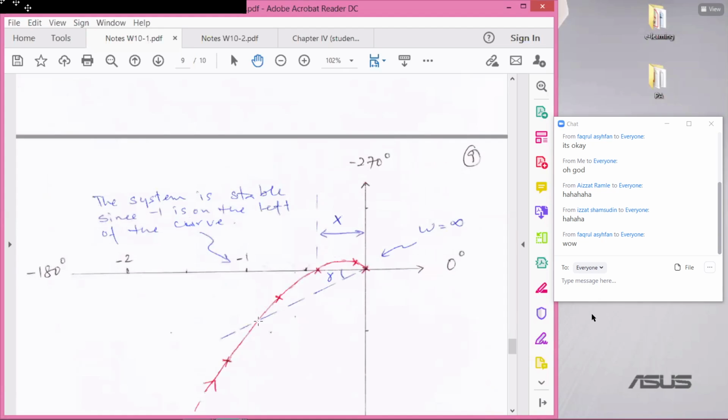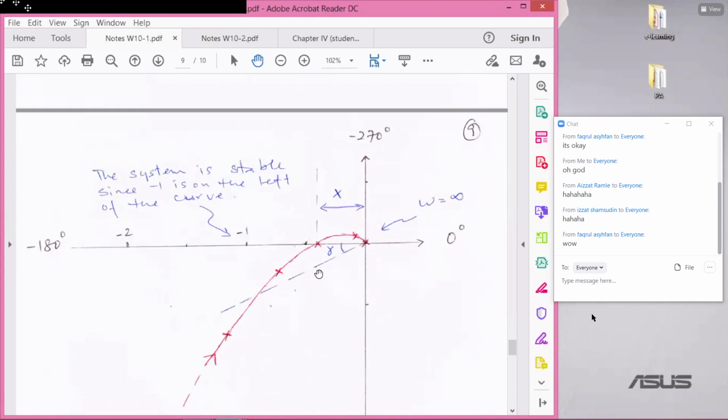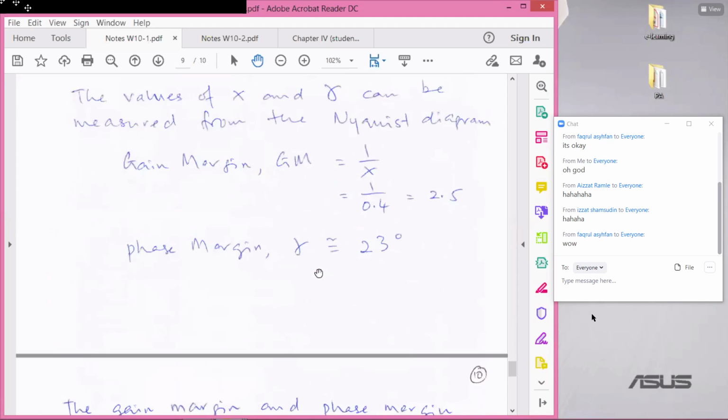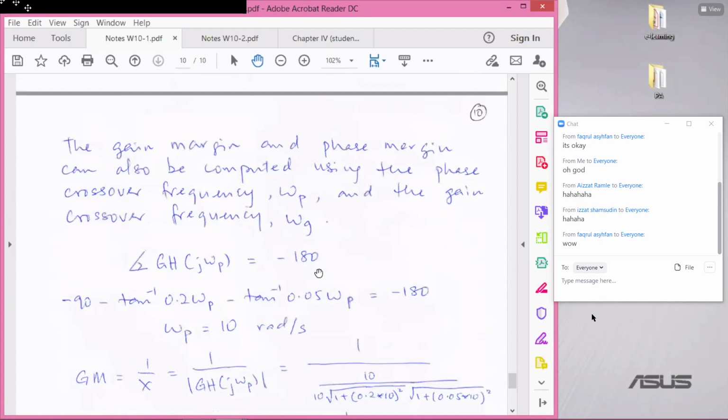You can compute the gain crossover frequency and the phase crossover frequency, and then from there compute the gain and phase margin. So I did that as well. Your first step is to determine the phase crossover frequency and the gain crossover frequency.